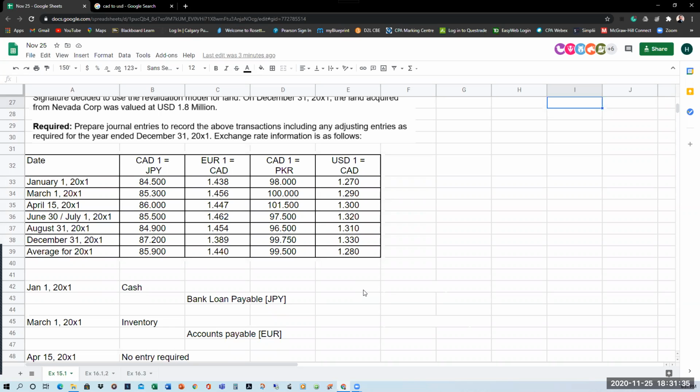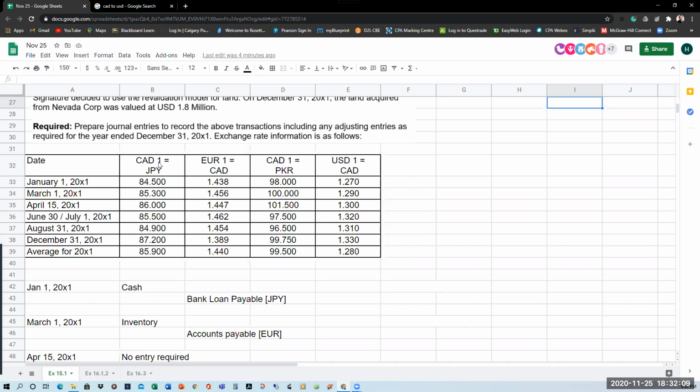To be able to do that, we need an exchange rate for the Canadian dollar versus the Japanese yen. So in here, you're provided with a bunch of exchange rates. You've got exchange rates for Canadian dollar to Japanese yen, euro, Pakistani rupees, and US dollar.